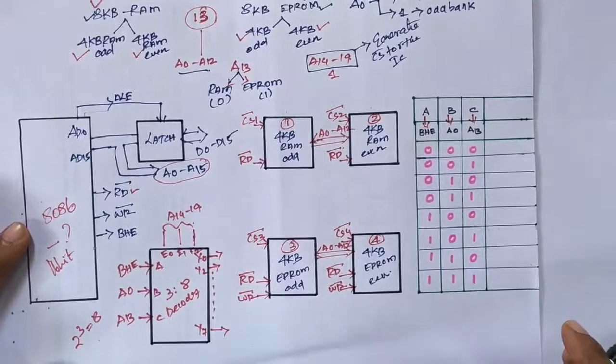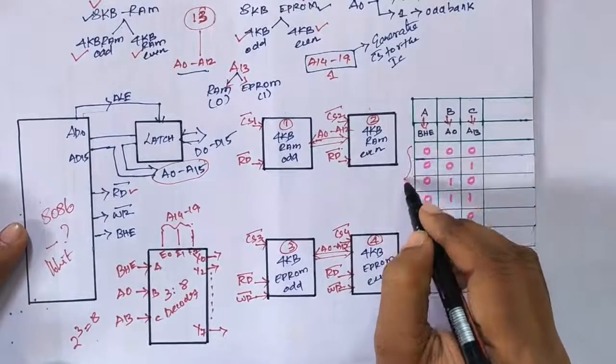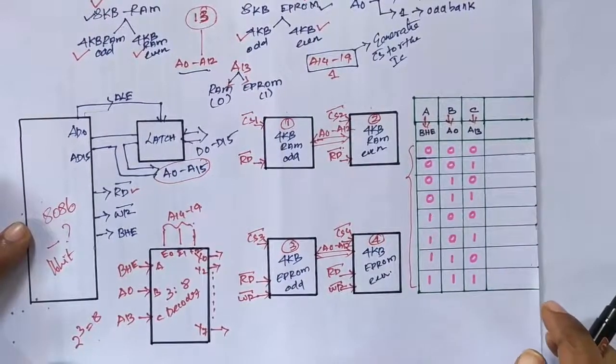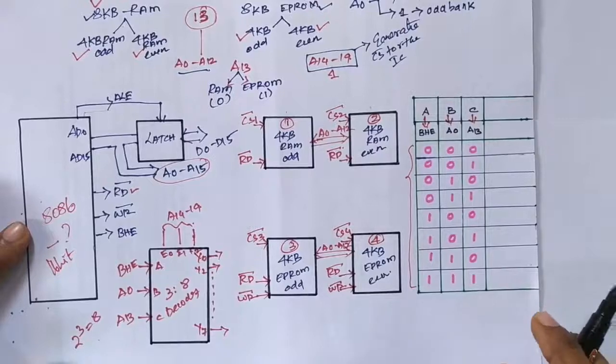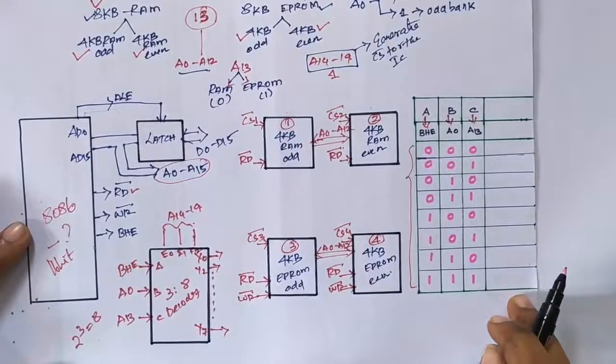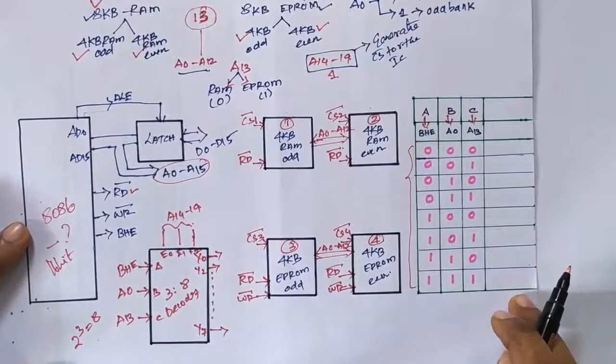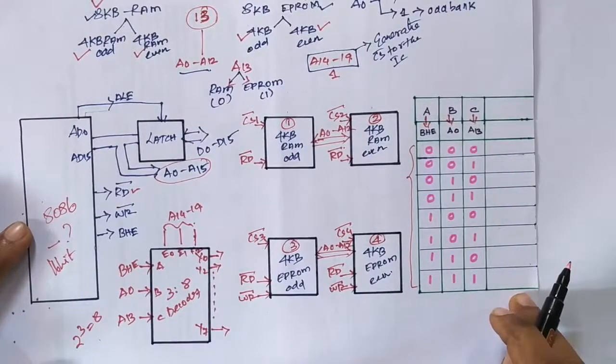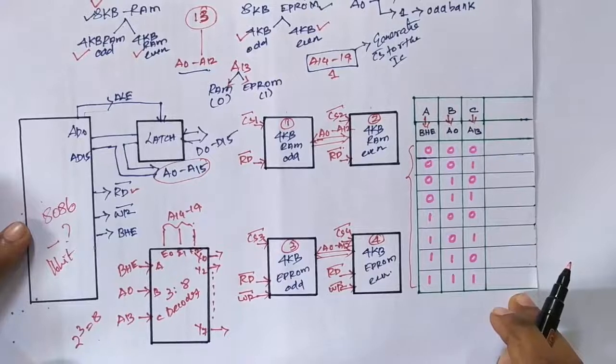Now we need to know, with respect to these combinations, which bank is selected. For example, if I need to access data from the EEPROM odd bank, what logic do I need to pass? Suppose I need to activate 16-bit data from the RAM memory, how do I activate both the odd and even banks?